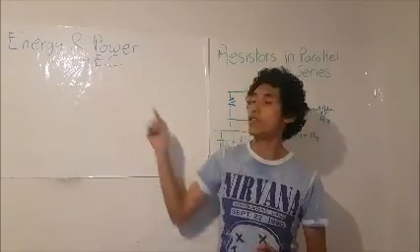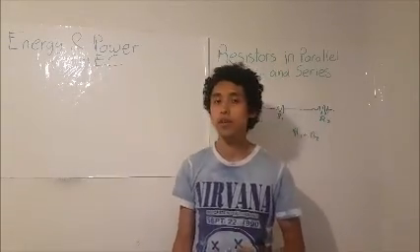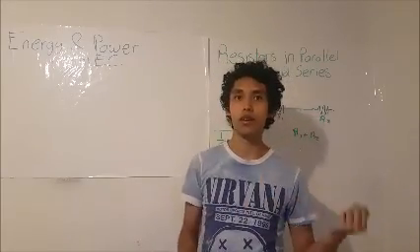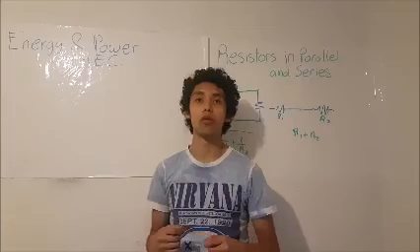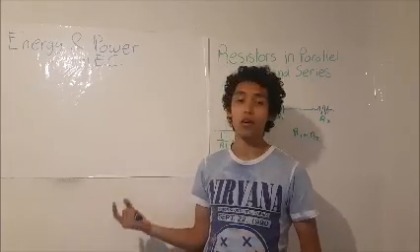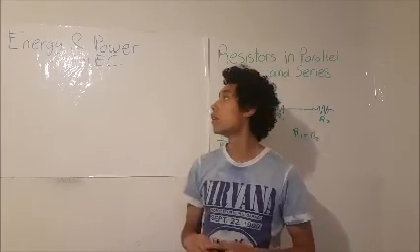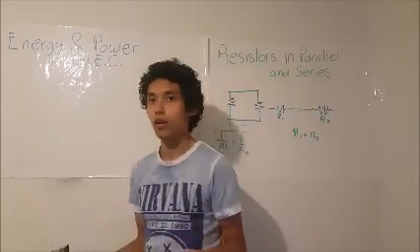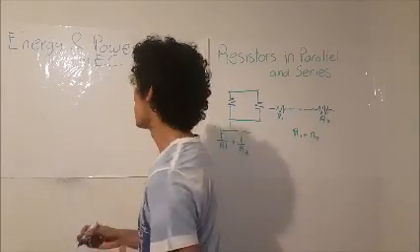Now, energy and power in an electric circuit. Each element in a circuit, be it the voltage source or the resistor, either generates or absorbs power. It's very easy to know which is which.